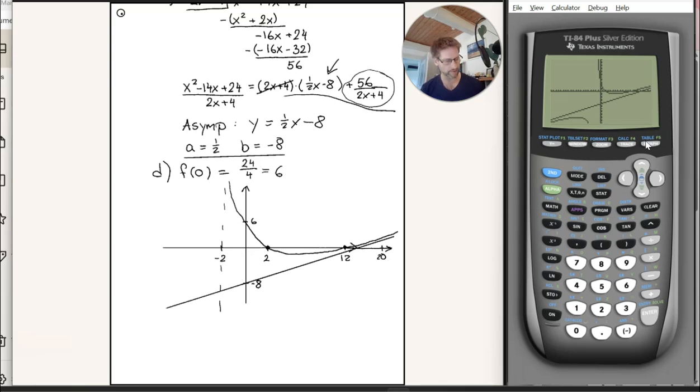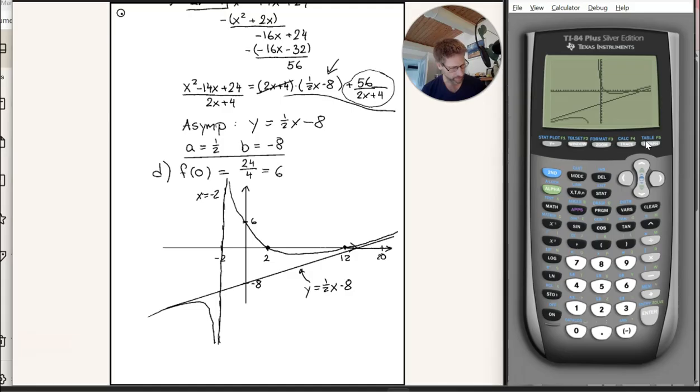But then it's important to remember that that's only half of the graph. There's another half that goes similarly around these two, so down here. And we should make sure to have the right axis intercepts showing. We should even write this is the line x equals -2, and this is the line y equals 1/2 times x minus 8, showing both asymptotes.